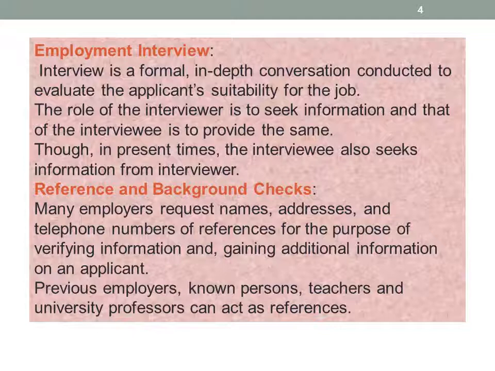The person who passes the employment interview is asked to give the names of his or her past employers for the purpose of reference checking, to see that this person does not have any wrong background. So reference checks can be done through previous employers, known persons, teachers, universities.